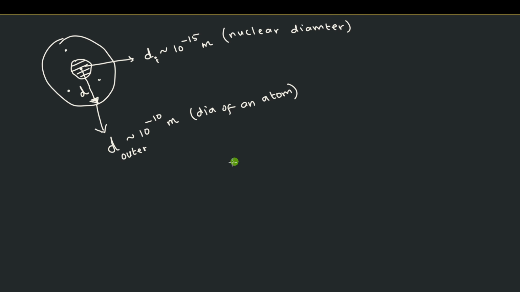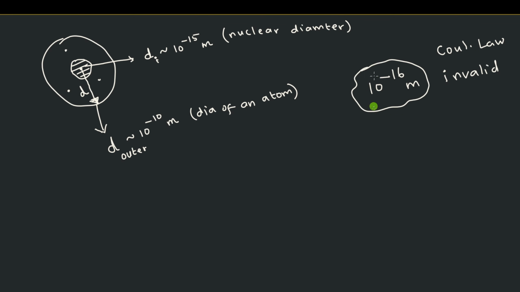And now remember, Coulomb's law is not valid: 10 to the power of minus 16 meter means it becomes invalid. Coulomb's law is invalid. So what is the meaning of this particular number, 10 to the power of minus 16 meter?